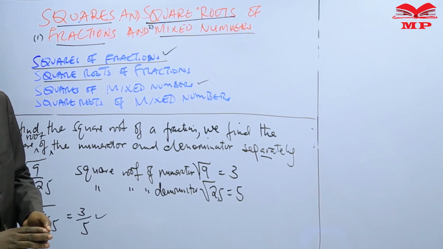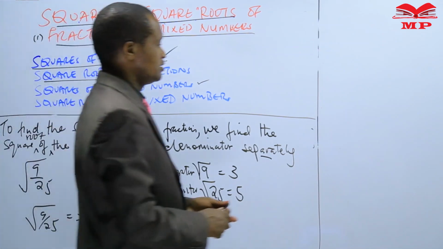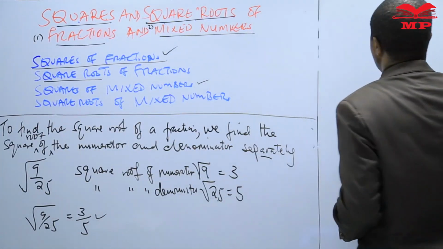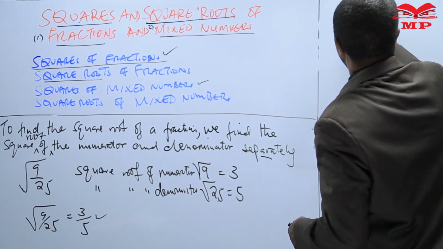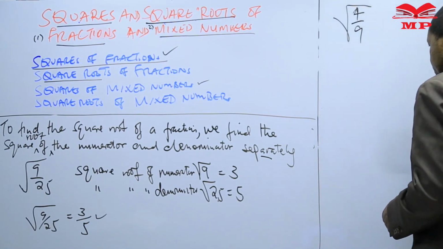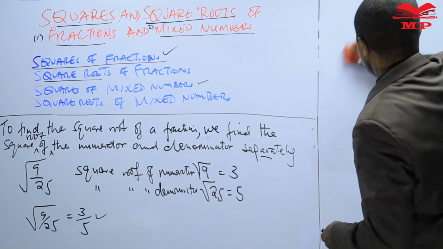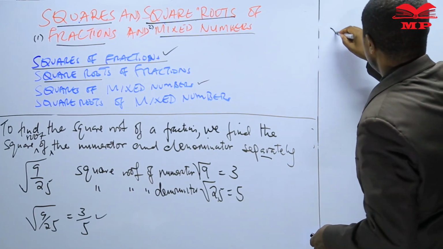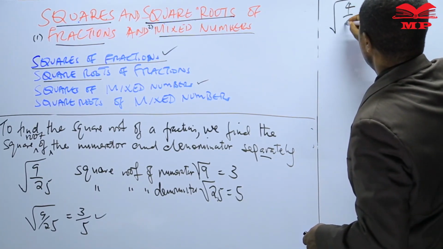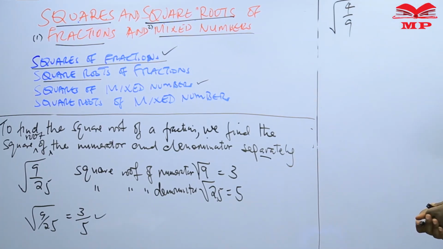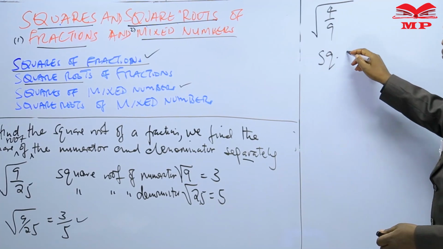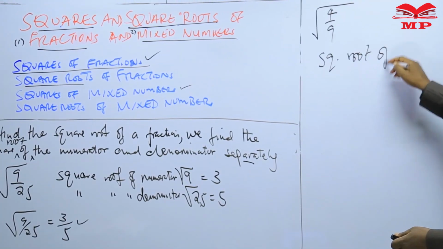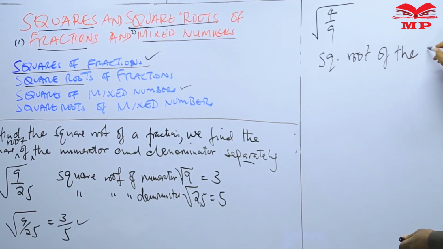Then B, we have 4 over 9. What is the square root of 4 over 9? First, the square root of the numerator.